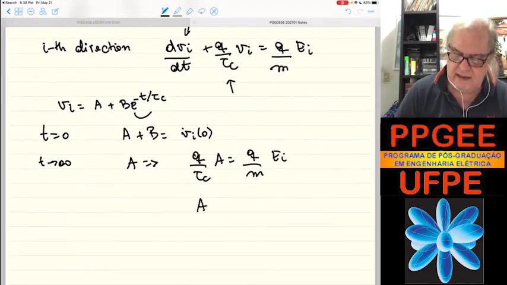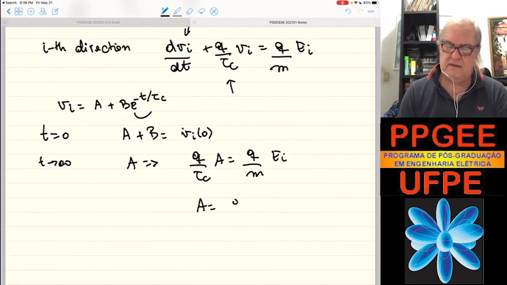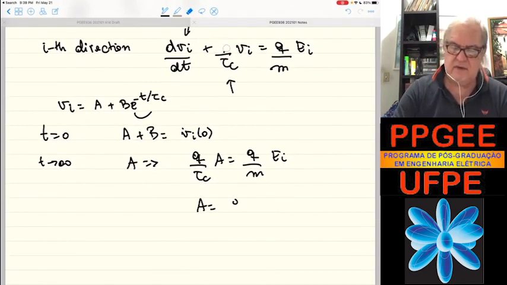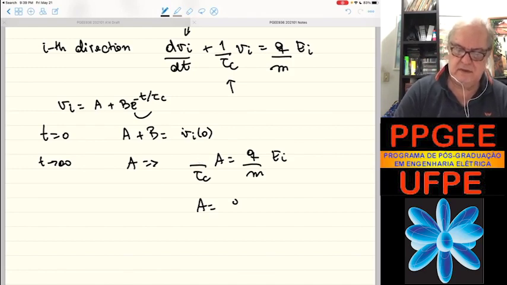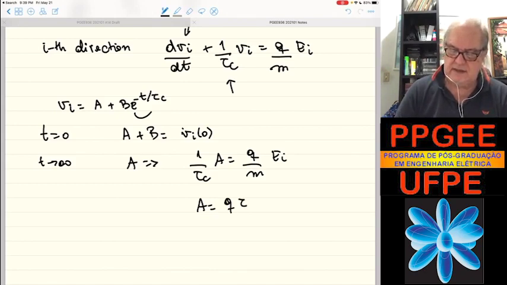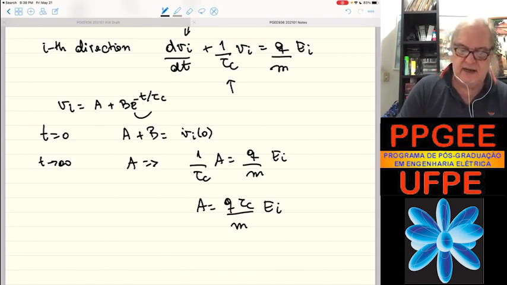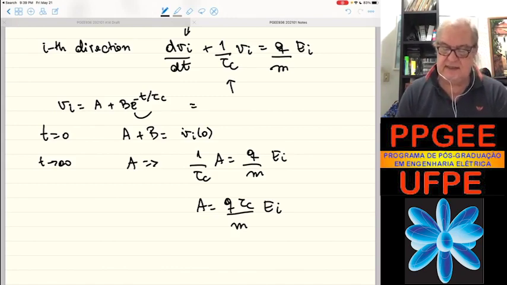Oh, there's no Q here, sorry. There's a 1 here. So A is going to be q tau c over m Ei. So that's the solution, right? A is calculated.